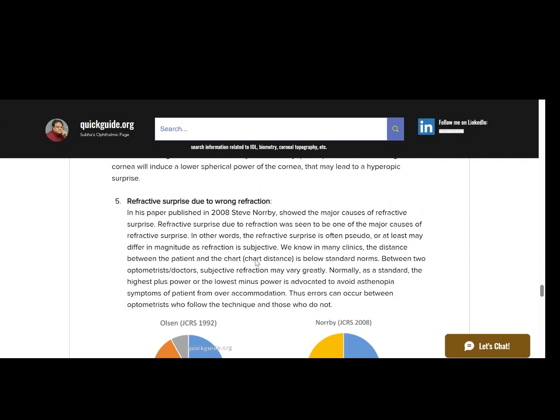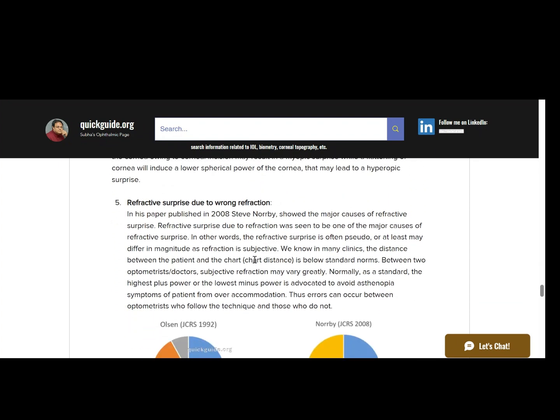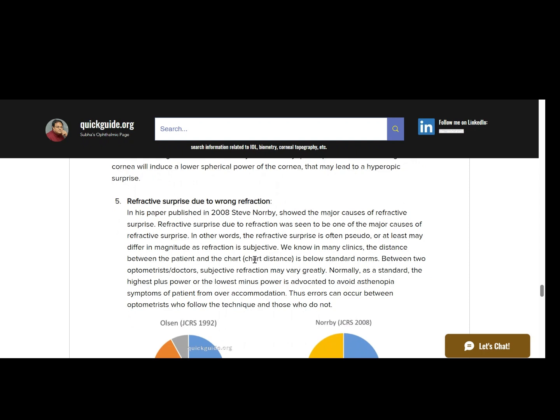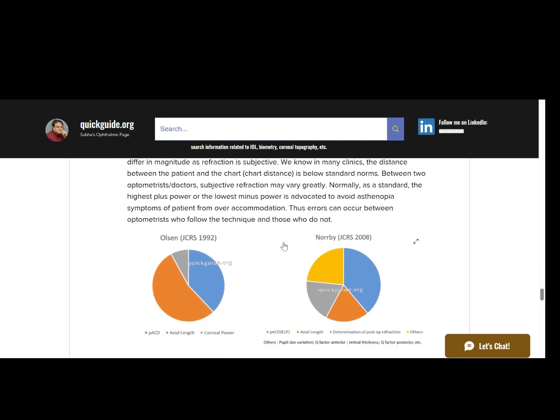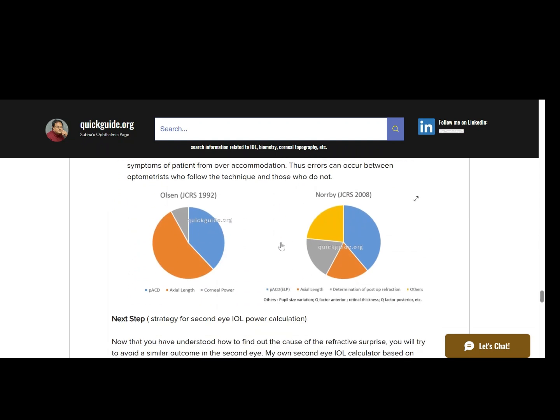Last but not the least, Steve Norby, in his paper published in 2008, pointed out that much of the refractive error is actually not a real refractive error, but the determination of postoperative refraction is part of the reason for the error.